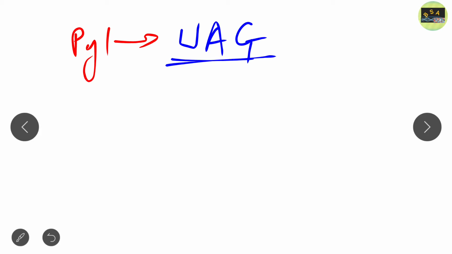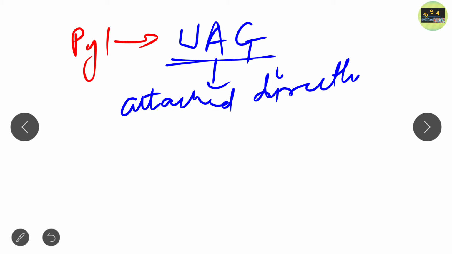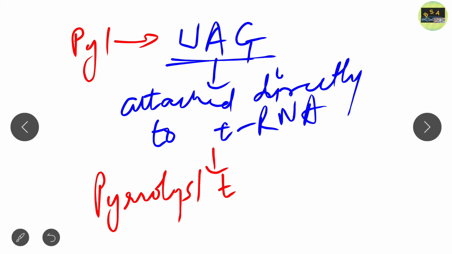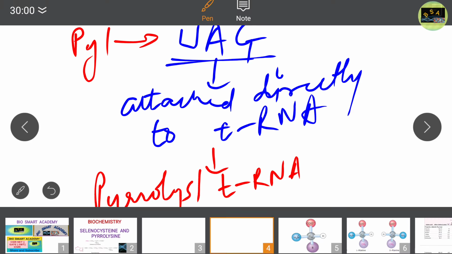And remember one point: unlike selenocysteine, pyrrolysine is attached directly to tRNA. Clear? Attached directly to tRNA by an enzyme known as pyrrolysyl tRNA synthase.